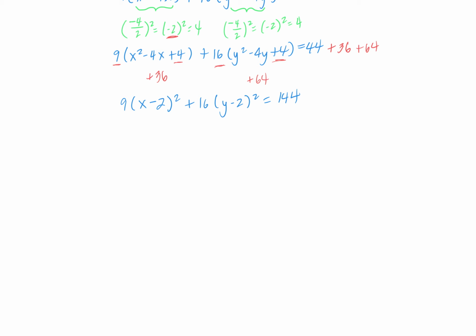So to write an ellipse in standard form, the first thing you want to do is get it equal to 1 after you complete the square. So I'm going to divide everything by 144. So all three terms.